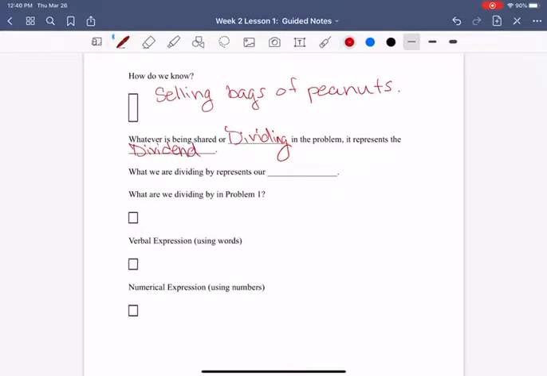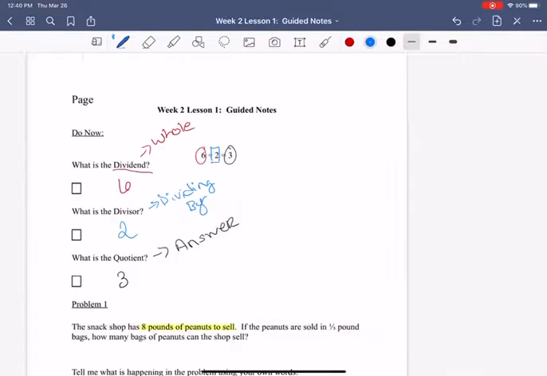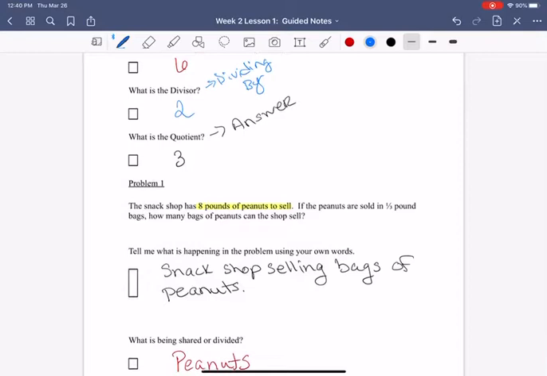And then what we are dividing by represents our divisor. So we can go back to problem 1 and figure out, well, what exactly is our divisor going to be? We're looking for what we're dividing the peanuts into or what we're dividing the peanuts by.